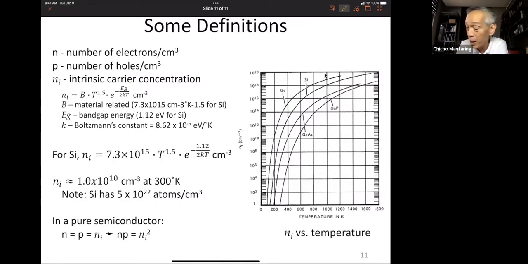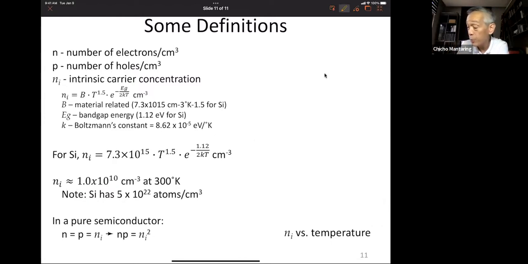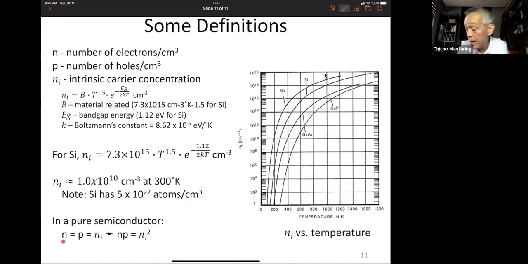So it's a very, very small number, this Ni. You have this number of atoms, and only this number at room temperature will be promoted to the conduction band. And if your semiconductor is pure, then N will be equal to P, will be equal to what we call your intrinsic concentration, because the number of electrons will also equal the number of holes.